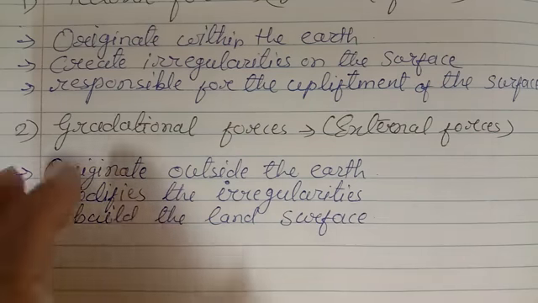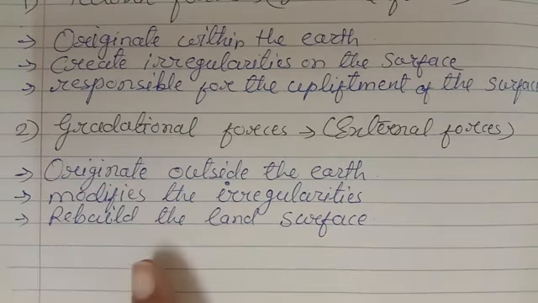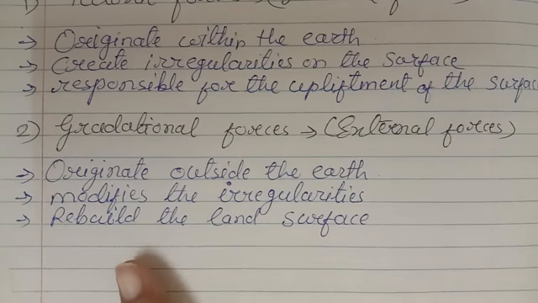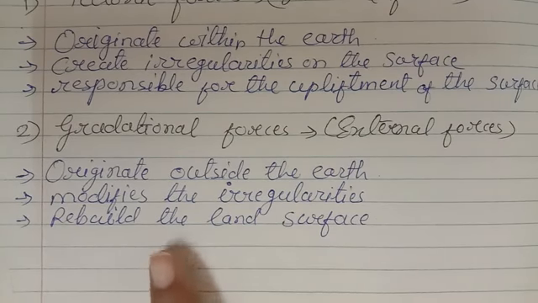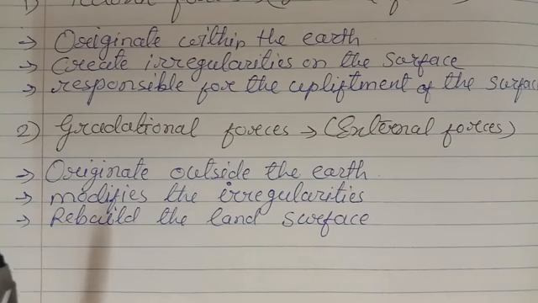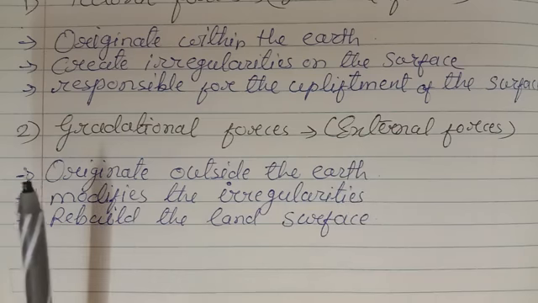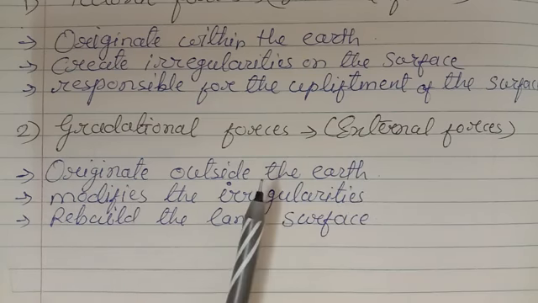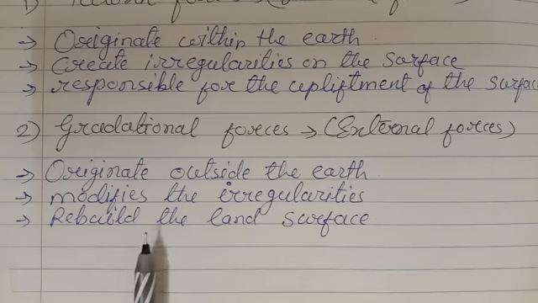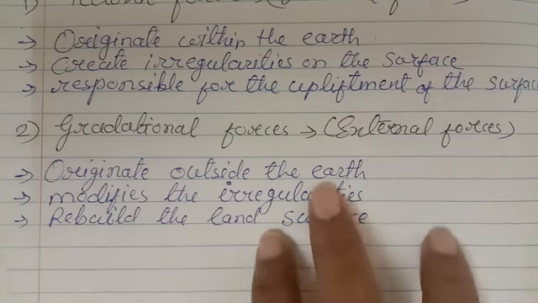Now see children, as I told, the gradational forces are also responsible for wearing down the land surface. Wear down means what? Disappeared. See, some lands are there where sometimes a part disappears because of the gradational forces, and again the gradational forces are responsible for modifying the irregularity.